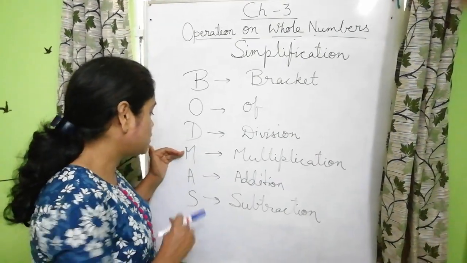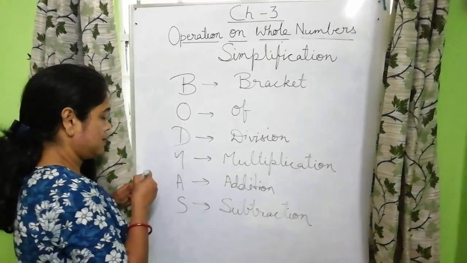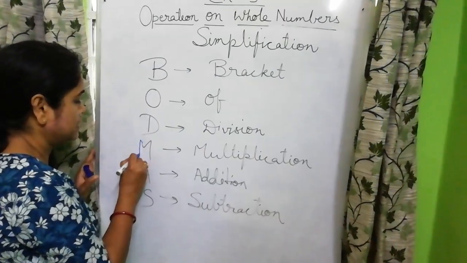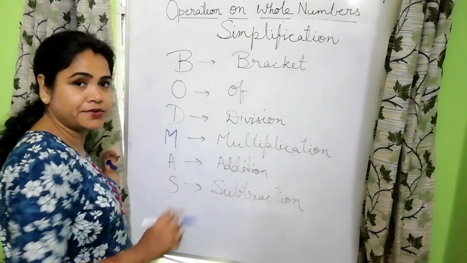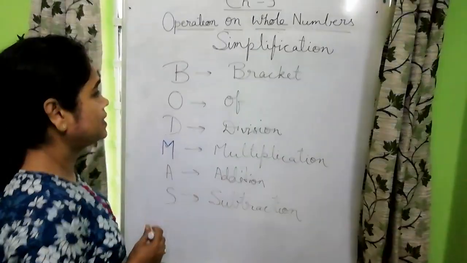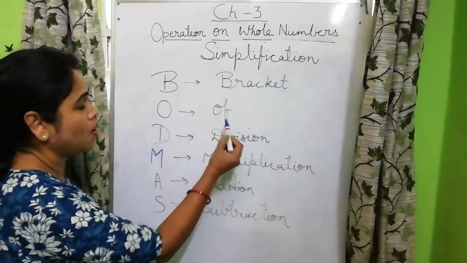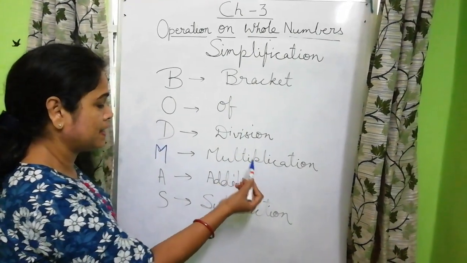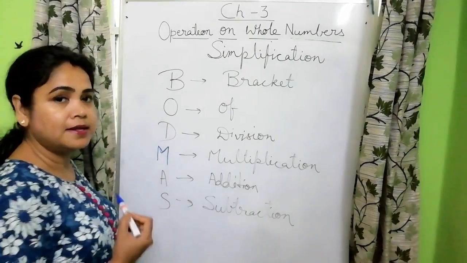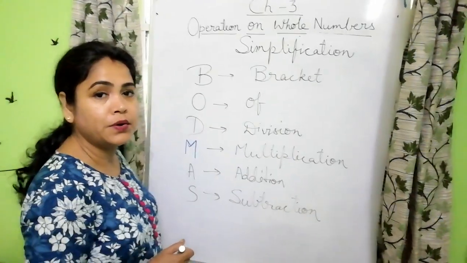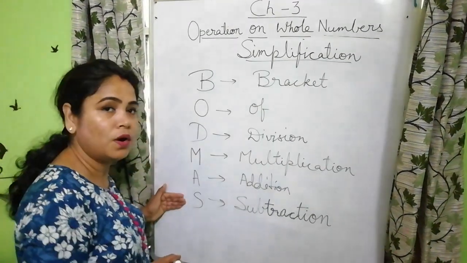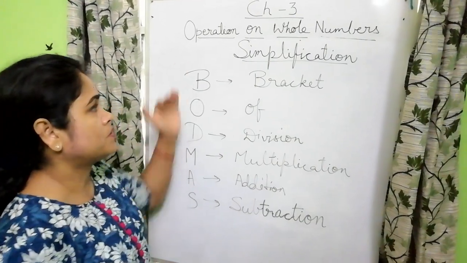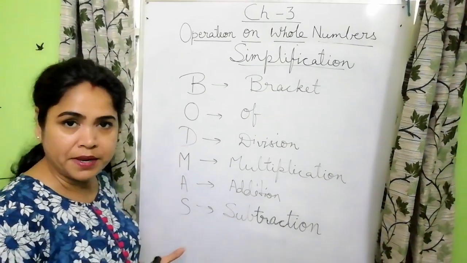Then multiplication, M for multiplication, addition, then subtraction. Point is clear? Bracket, of, division, multiplication, addition and subtraction you will do. This is the order we will follow to solve questions which have many operations.